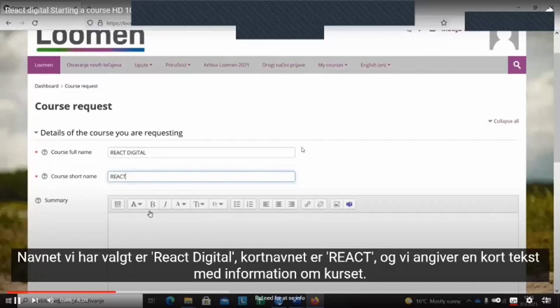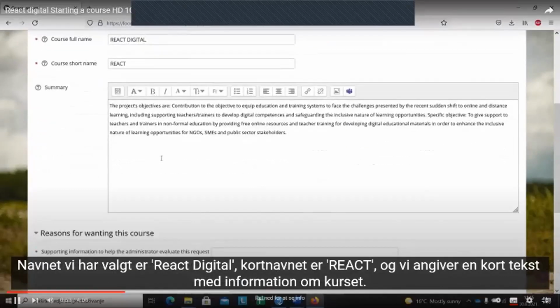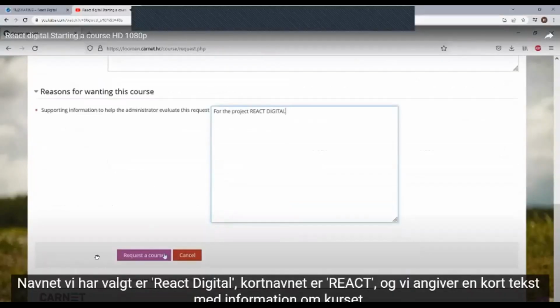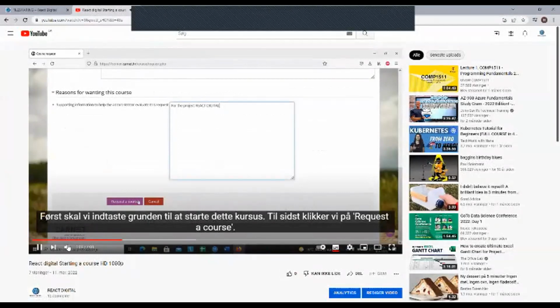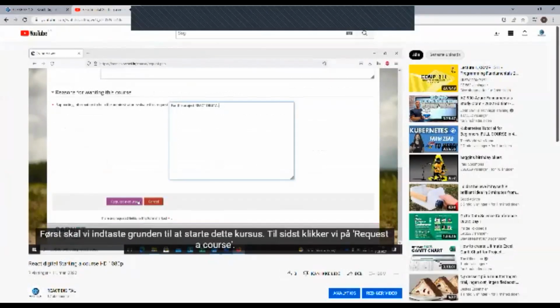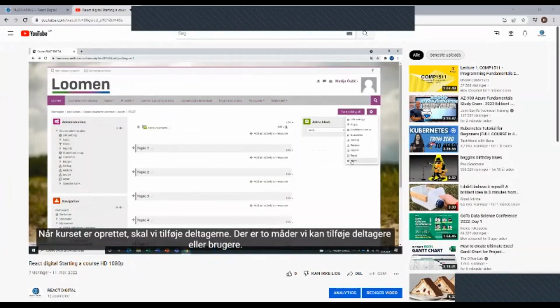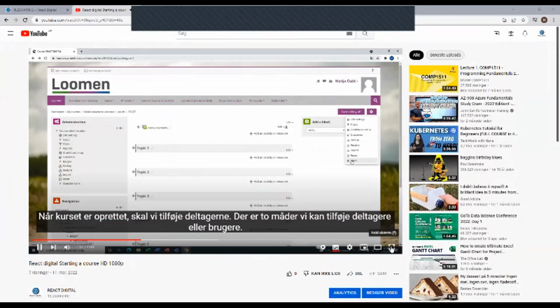Choose React Digital, short name is React, and we provide a short text with information about the course. Then we need to provide reasons for starting this course. And finally, we click Request a course. When the course is created, we need to add its participants. There are two ways to add participants or users.